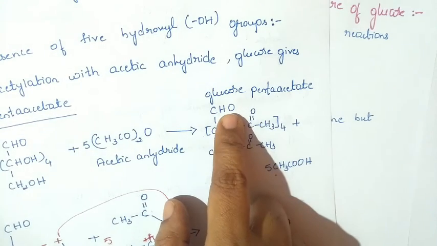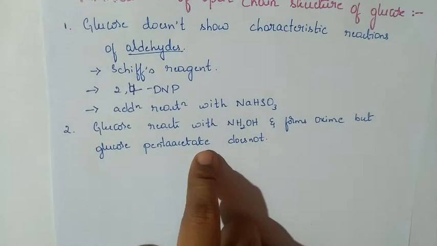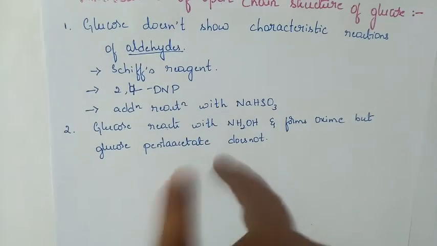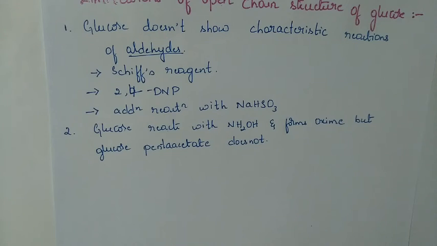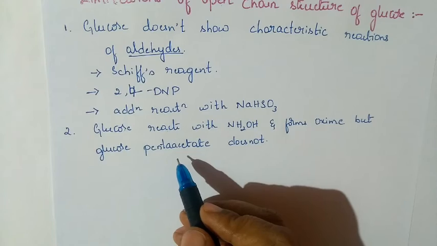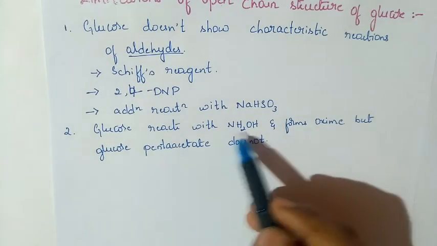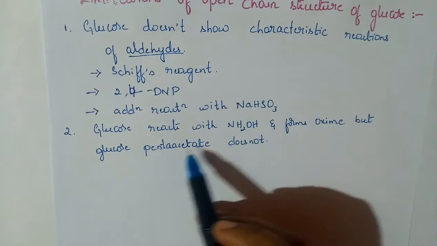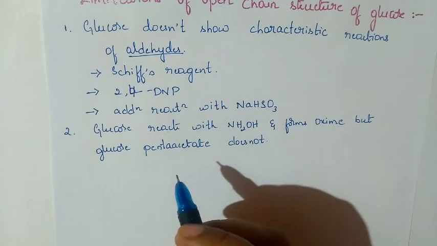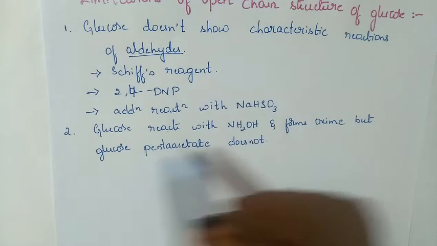That is what we can conclude. If glucose pentaacetate is not reacting, that indicates that glucose pentaacetate doesn't consist of a free aldehydic group. In glucose it might be free, but in the glucose pentaacetate structure, that aldehydic group may not be free. That is one clear indication.